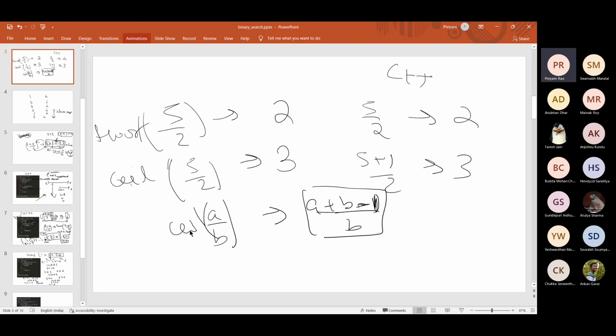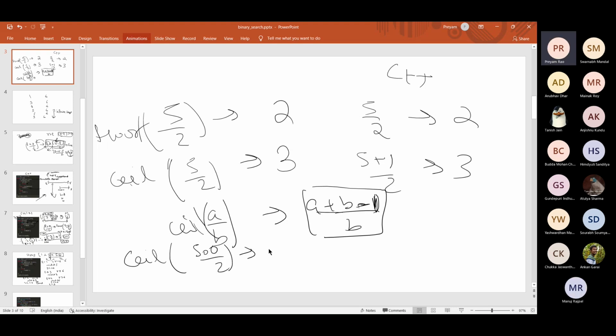Otherwise, the only other way to find the ceiling of 5/2 would be to convert it into a floating point number, and then convert this into an integer number. So instead of writing integer of ceil of this number, we can simply write a plus b minus 1 by b.